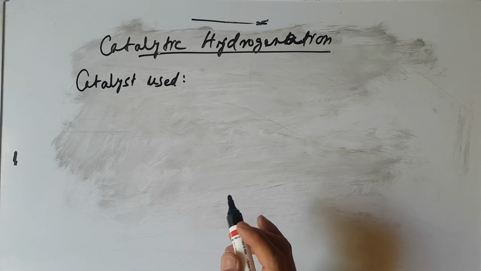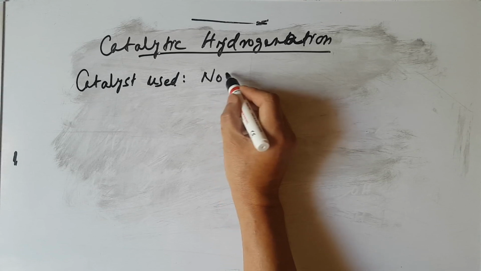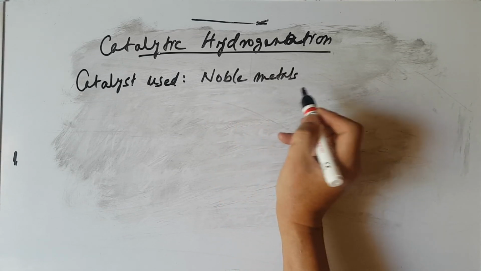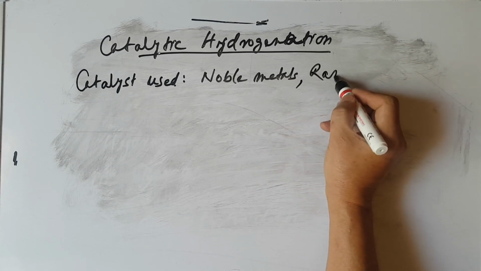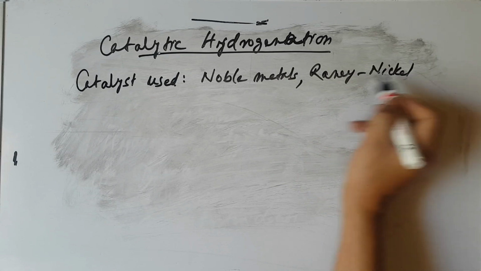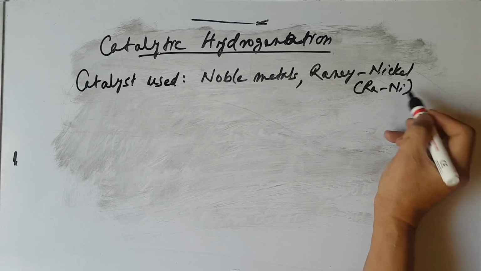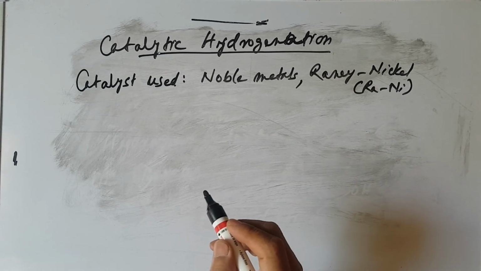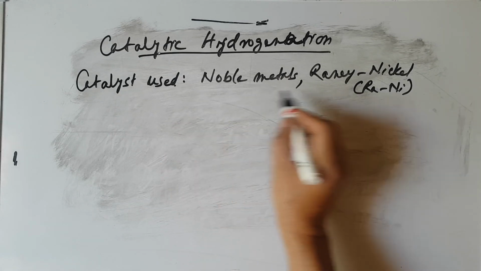Noble metals are used as catalysts, and Raney nickel, or simply Raney Ni, is also used for heterogeneous catalysis.